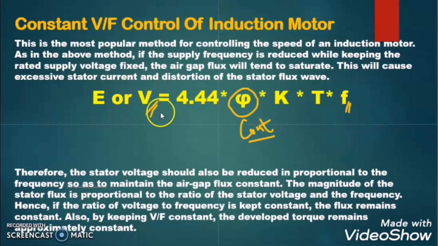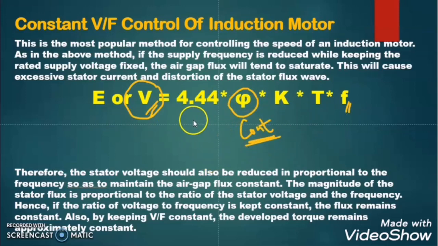Previously, we saw that when the voltage was constant and we increased the frequency, it led to a decrease in the flux, and when we decreased the frequency, it led to an increase in the flux. So we will change the voltage also in an equal proportion, so that the change in frequency and change in voltage together always lead to a constant flux.